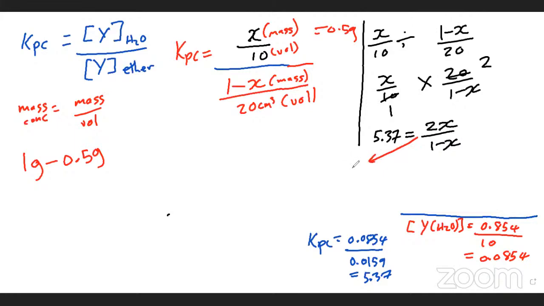We're going to bring 2x on this side, and we're going to bring 5.37 to this side. The 5.37 is going to multiply the 1 and it is going to multiply the x. So you're going to get 5.37 times 1, 5.37, take away 5.37 times x, 5.37x.